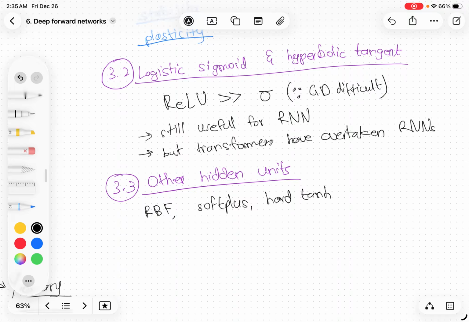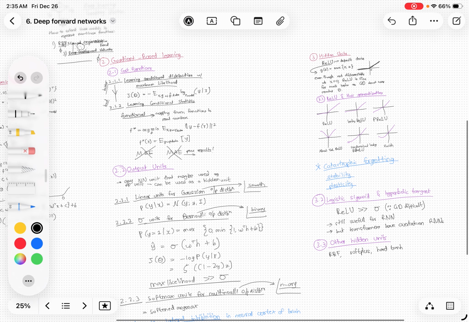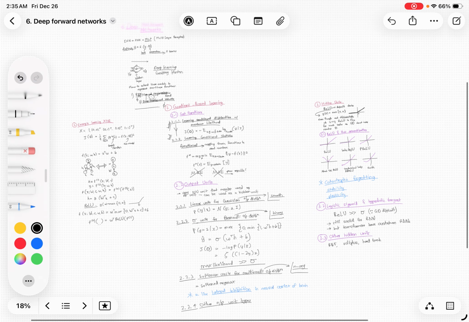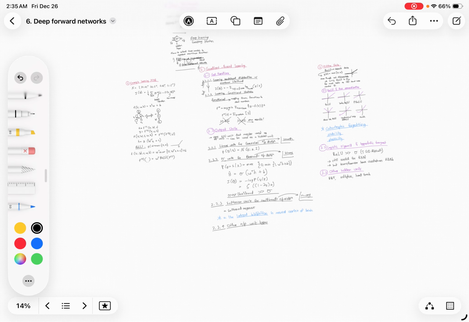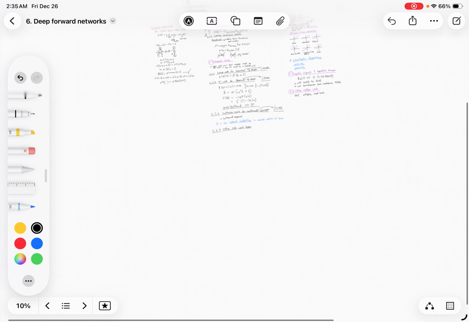They're not that widespread. So that's about that. That completes the third smaller unit of this whole chapter.